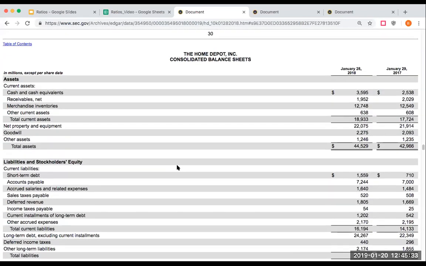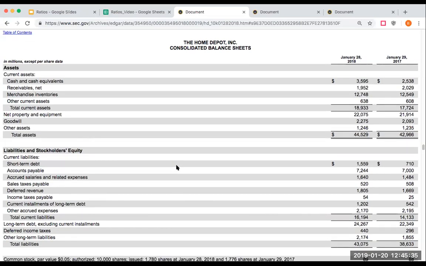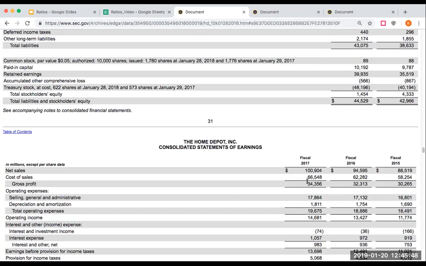It's easier as a retailer, especially when the holidays come through, to choose a year end that's essentially after December 31st. So right here, the Home Depot had sales of $100 billion.